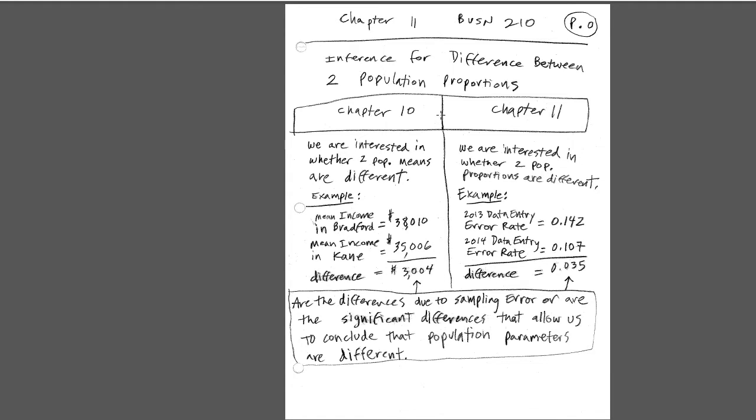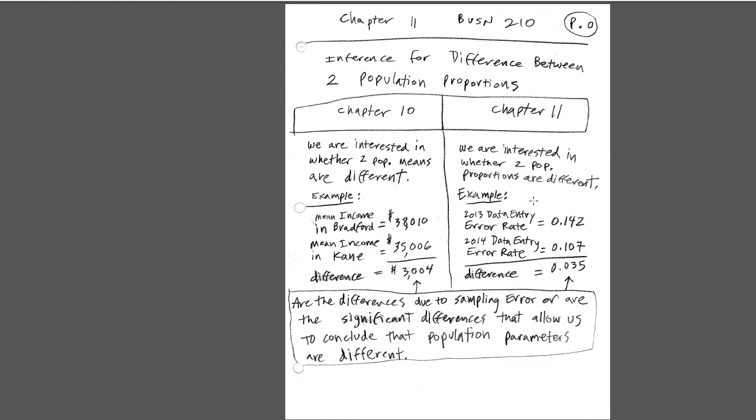But now, in Chapter 11, we're interested in whether two population proportions are different. Our example will be, we'll go out and get sample data for data entry. And in the year 2013, data entry error rate was 0.42.